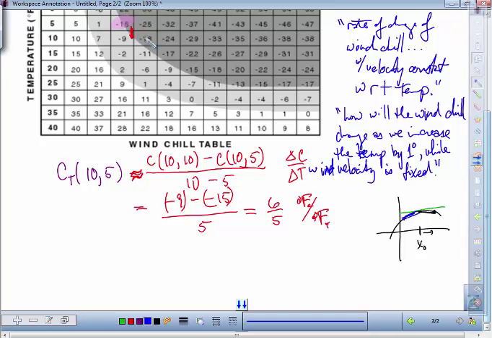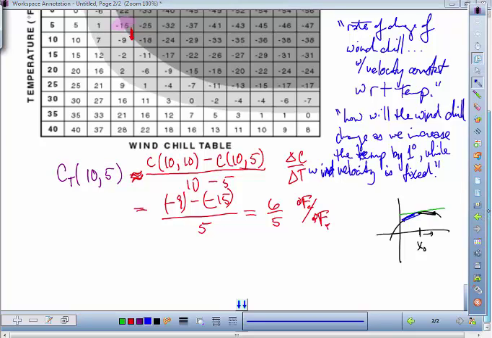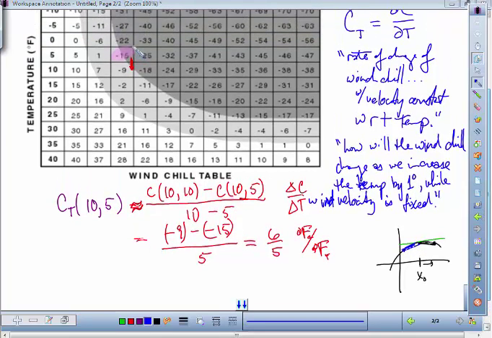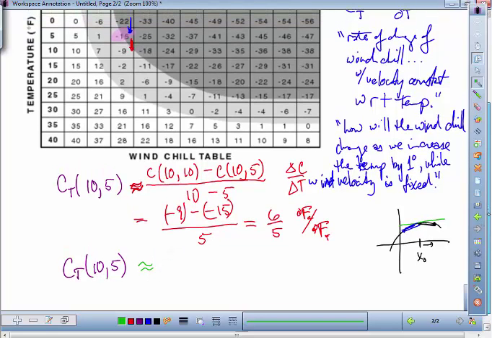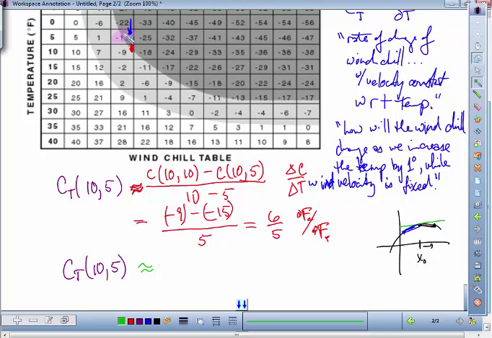So now let's take a look at the same idea, except let's go backwards in temperature. So that C sub T of 10, 5 is now going to be approximately equal to, so now I took a step back, the change in temperature going backwards.